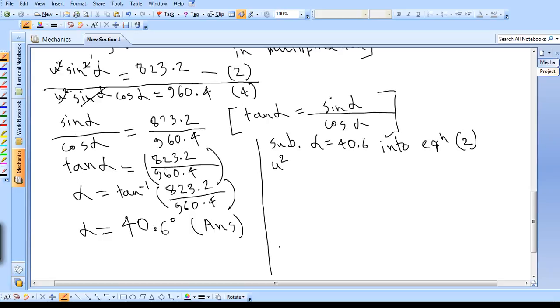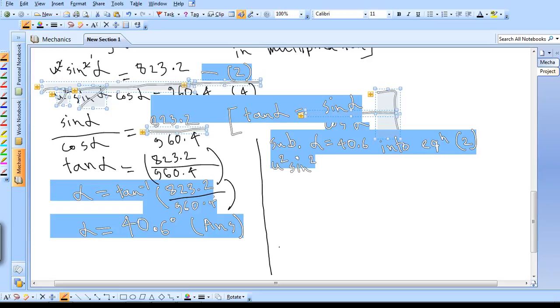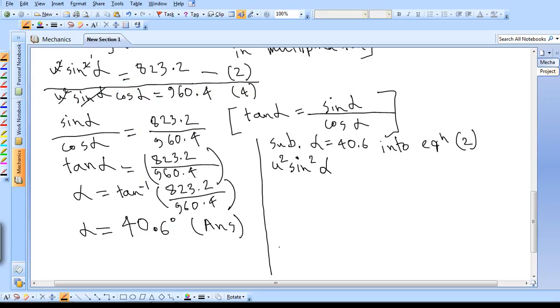So u square sine square alpha, at first let us write the equation to make things easier. Okay, now let us separately find the sine alpha value. Here the value of sine 40.6 is 0.6508.